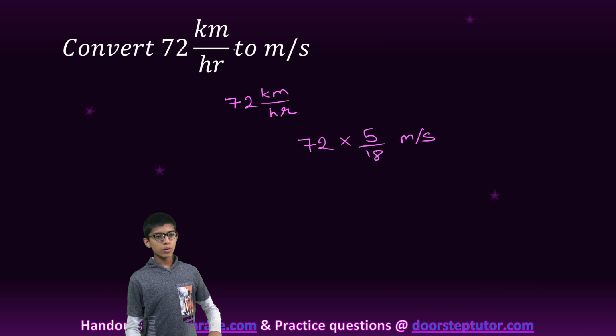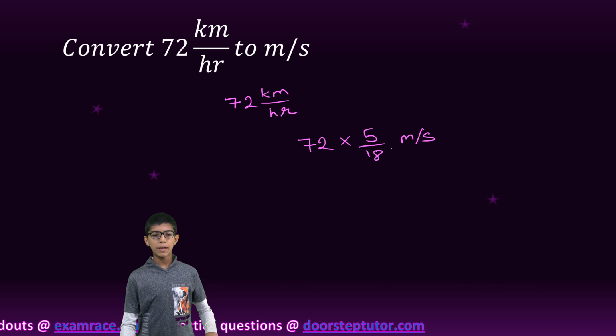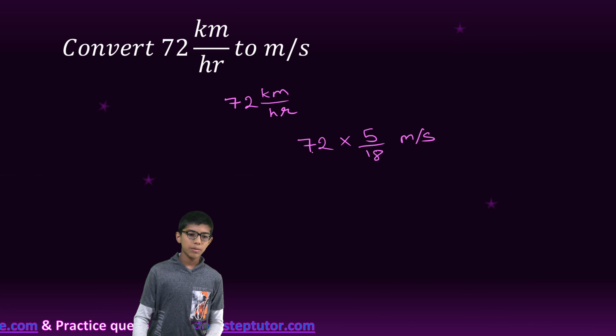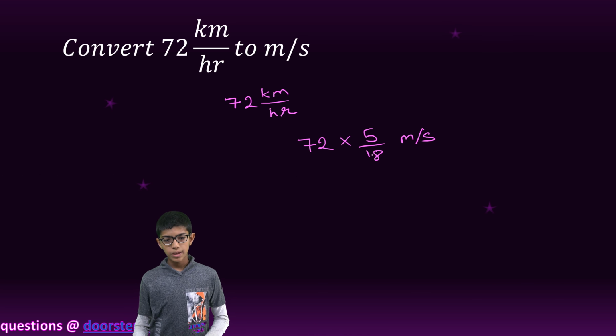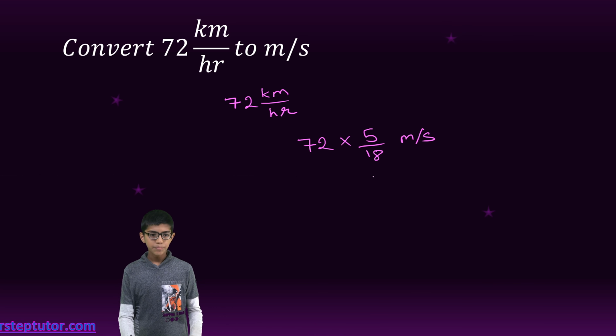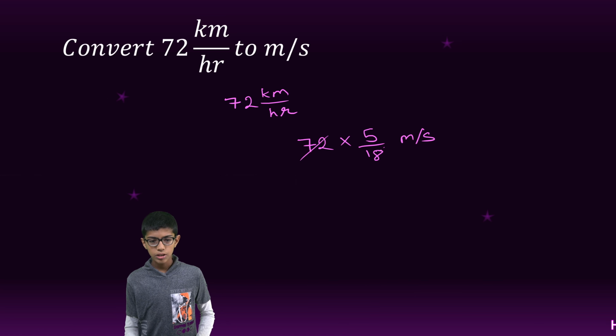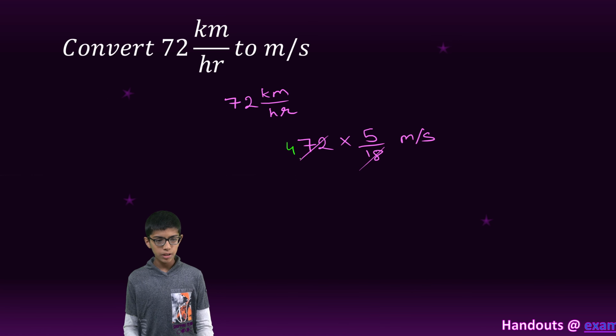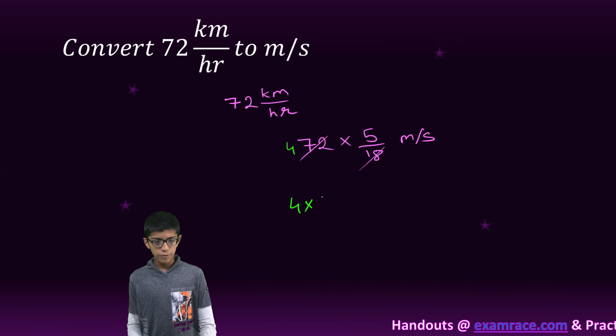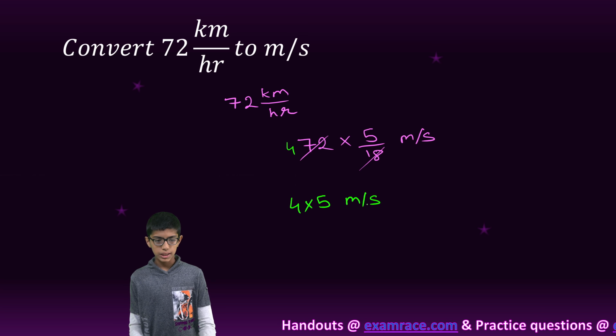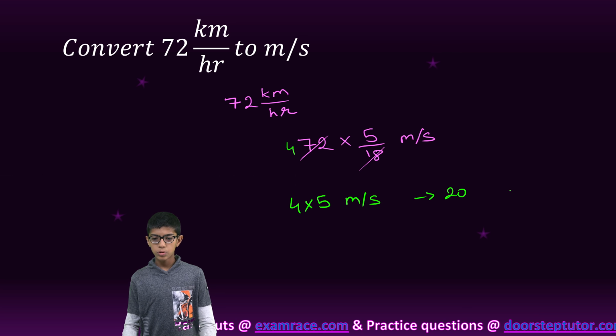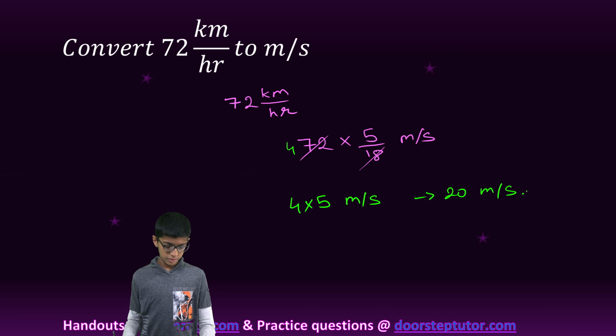So to convert into smaller units, multiply by the smaller one. So simply 72 into 5 by 18 meter per second. Now we can cancel out 72 and 18 to obtain 4. Therefore we get 4 into 5 meter per second, that is equal to 20 meter per second.